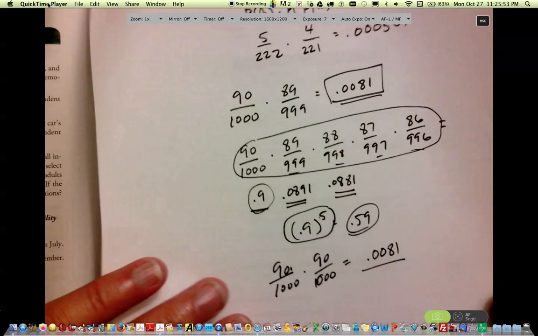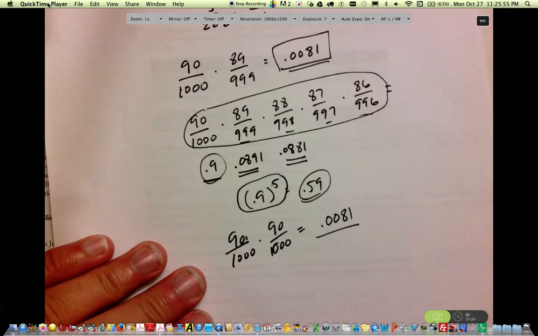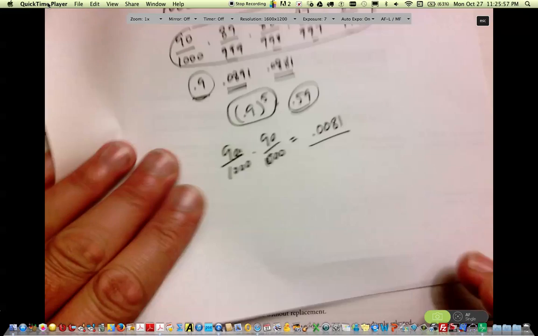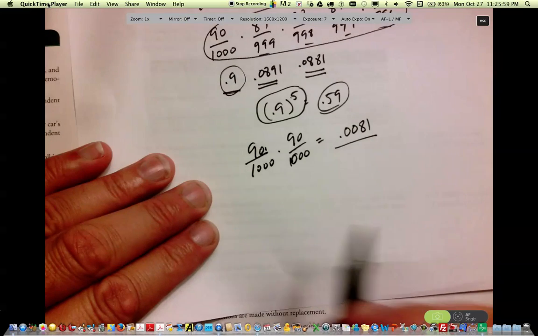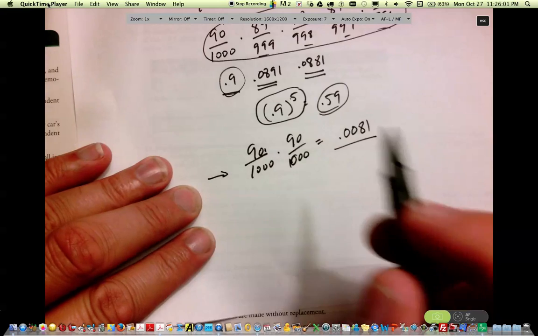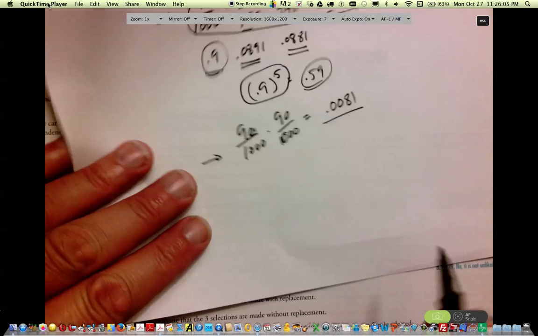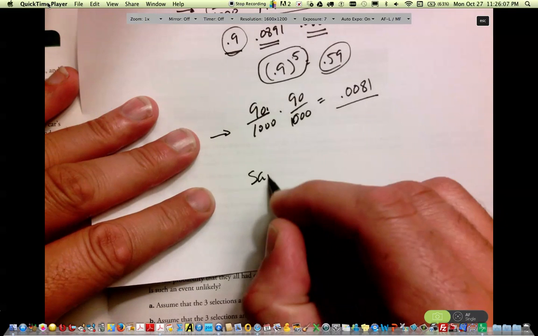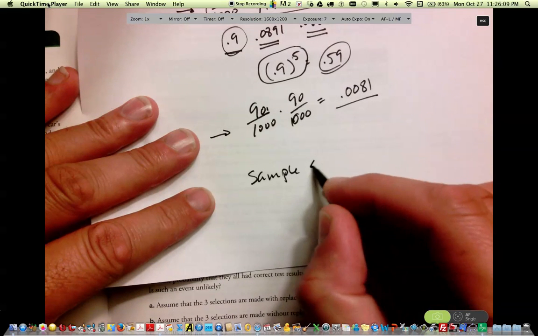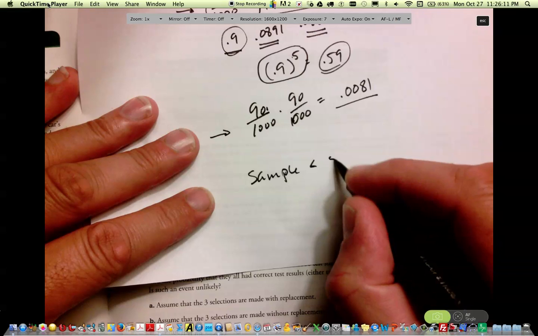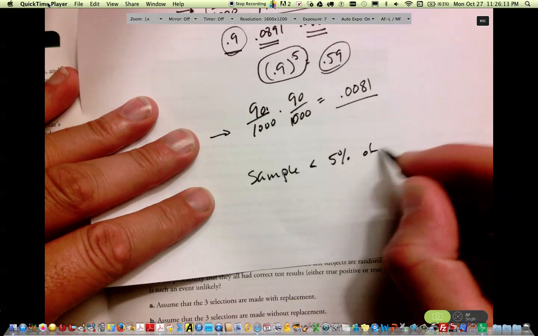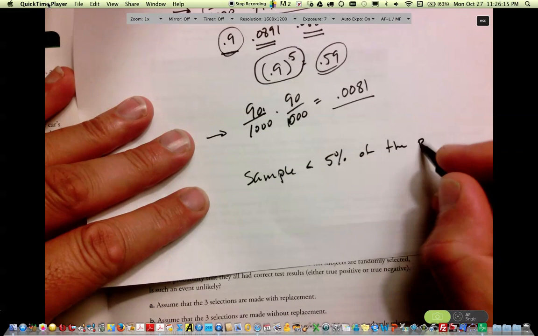We're going to be able to do this sometimes, and sometimes we're not. Your book has a rule of thumb that says we can avoid some messy calculations if our sample size is less than 5% of the population.